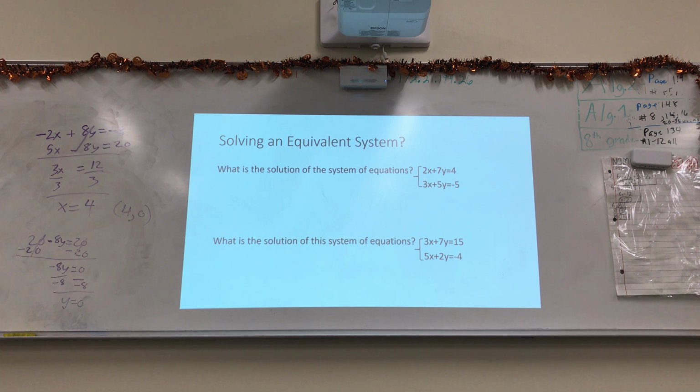Solving equivalent systems. Make sure I got the right equation since I messed up already once.